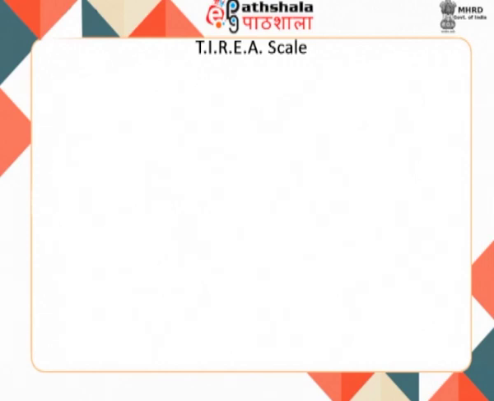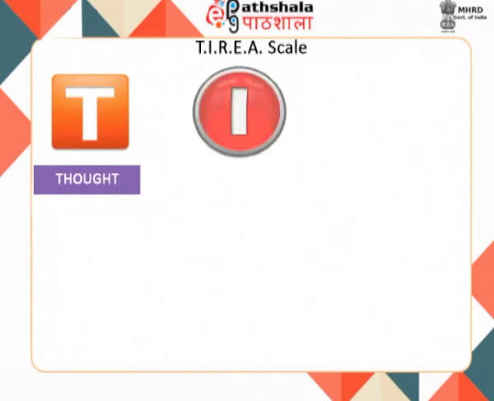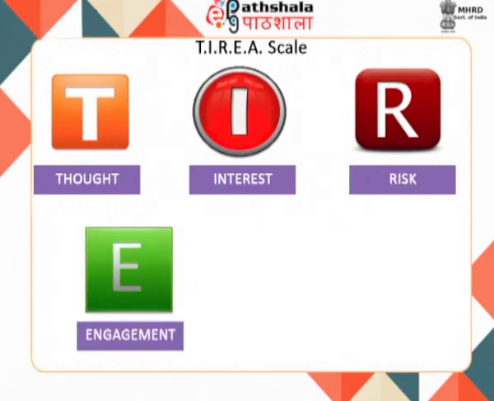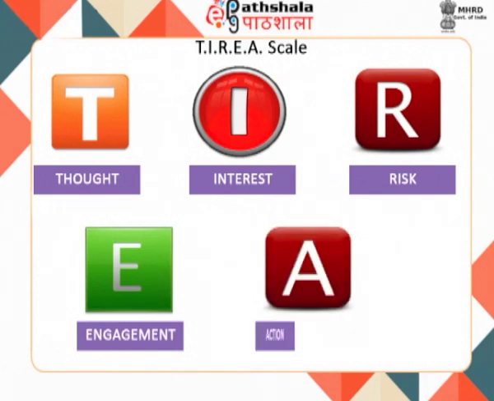Each step focuses on a progressive journey through the decision-making process, where T stands for thought, I stands for interest, that is, desire, R stands for risk, that is, evaluation, E stands for engagement, A stands for action.